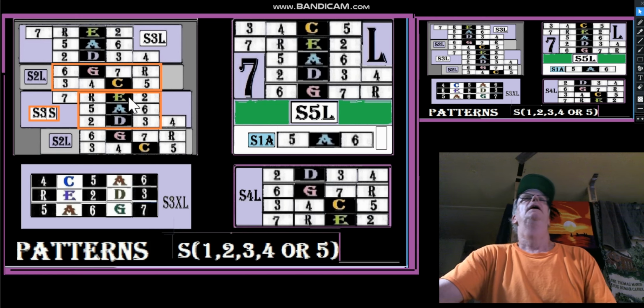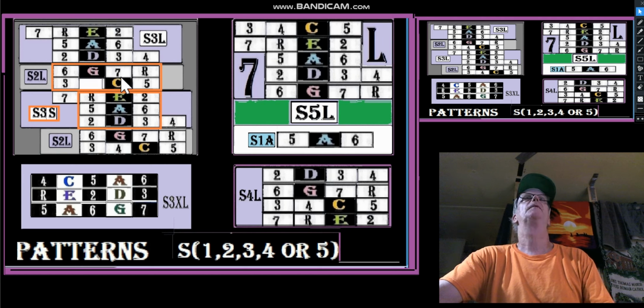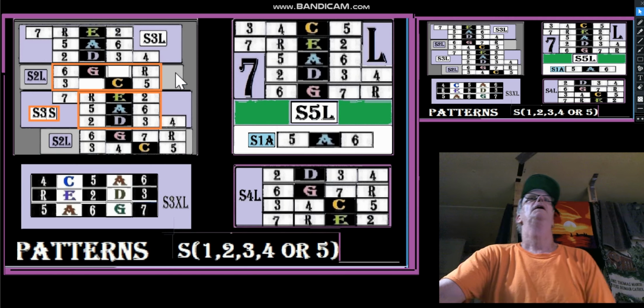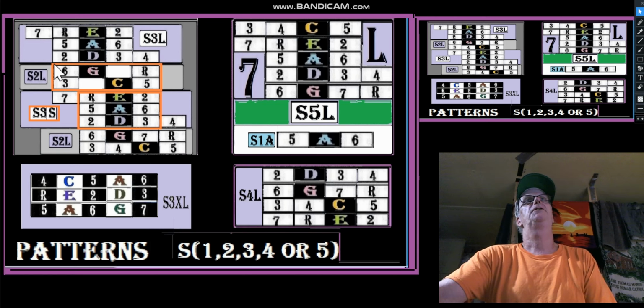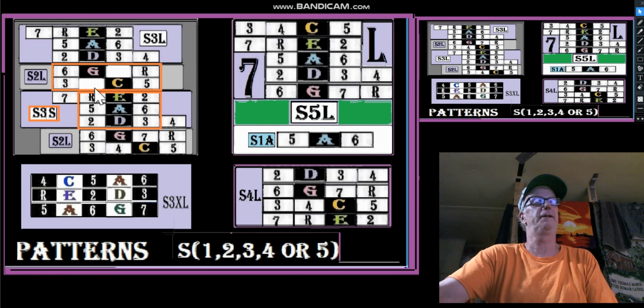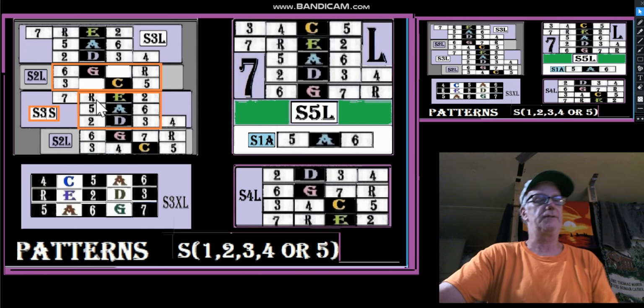Okay, and we can take out the 4, and we'll take out the 7. Now we have a pentatonic scale with an S3S there and an S2L because it's long. See how it's a long rectangle? Some people see things. See how it's a short rectangle. So that's the name of that tune.